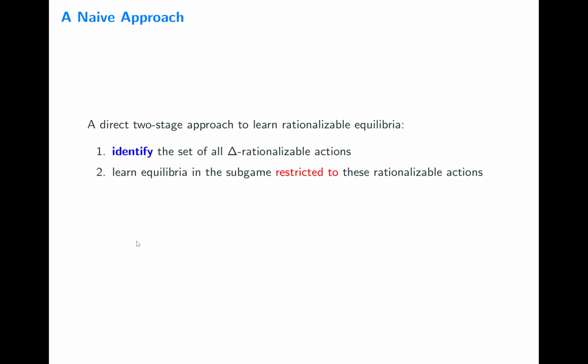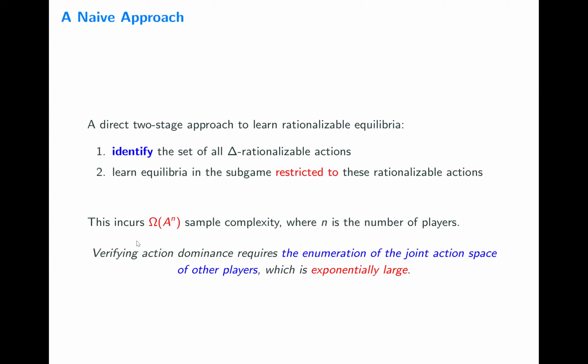So we know those are good actions. Then in the second stage, I will just run some equilibrium finding algorithm on the subgame, which is only supported on these rationalizable actions. This sounds like a very straightforward strategy to learn the rationalizable equilibrium. This is true, but not true in terms of some complexity issue.